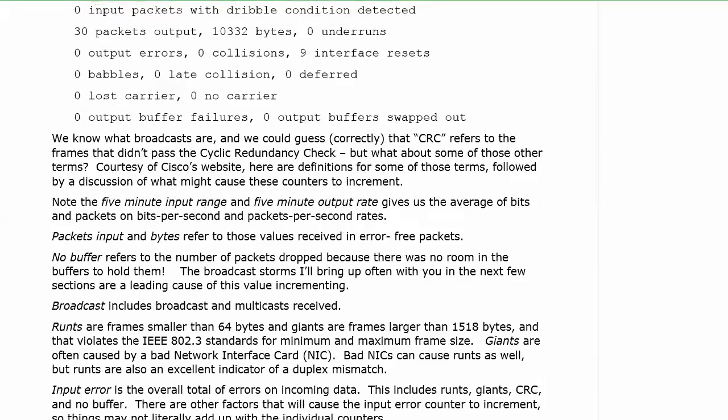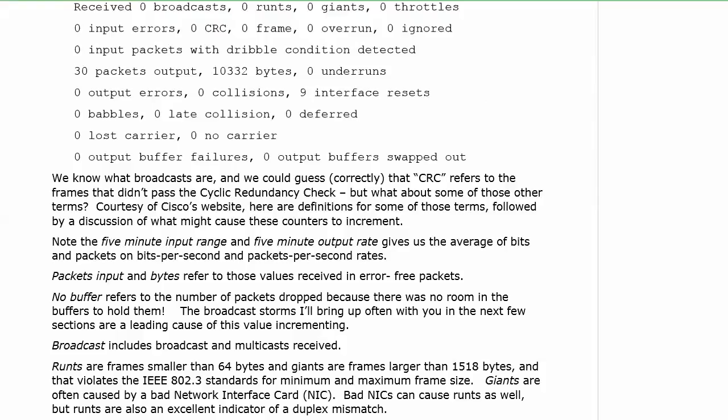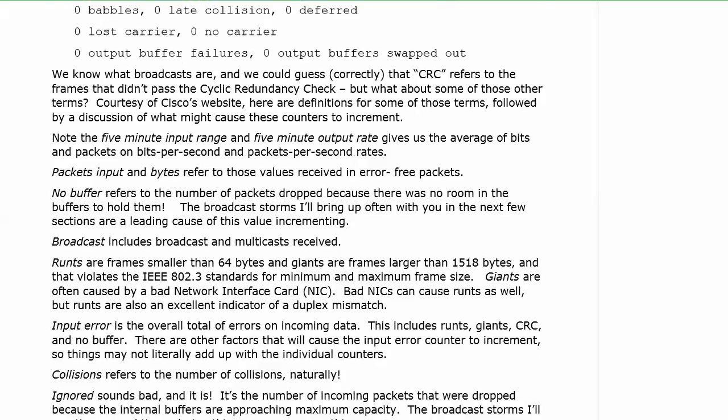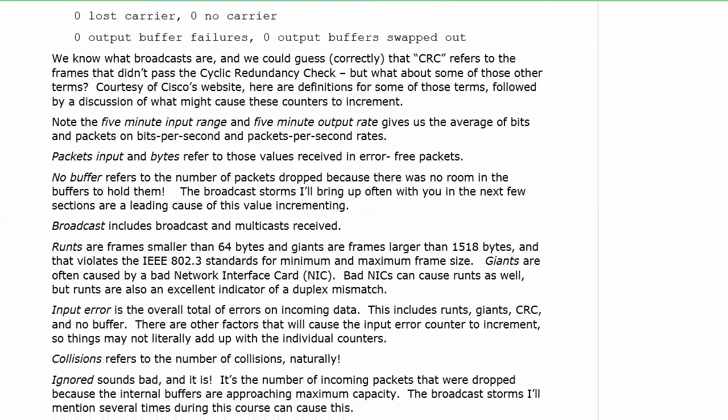Now, ignored, we looked at this up here with the CRC, frame, overrun and ignored. CRC, that's a version of our frame check. That's our cyclic redundancy check, and of course that's the recipient of the frame checking the frame's integrity, and it's for error detection. We know that's a version of the frame check sequence, FCS. So we know what that one is. Now let's go back to that ignored and so forth.